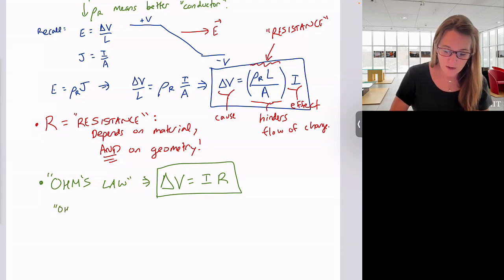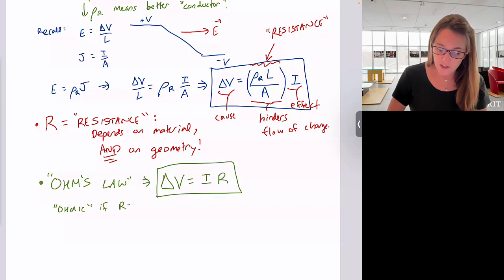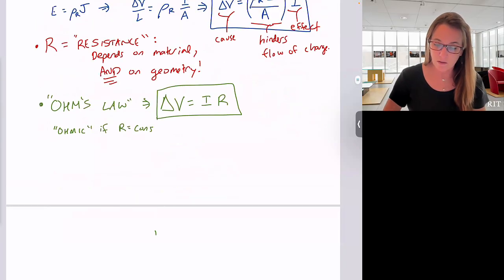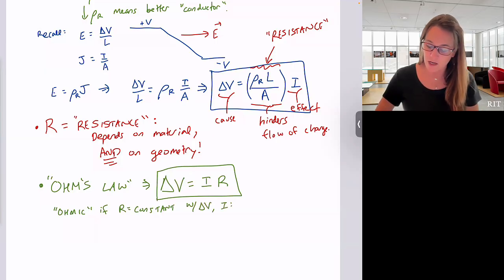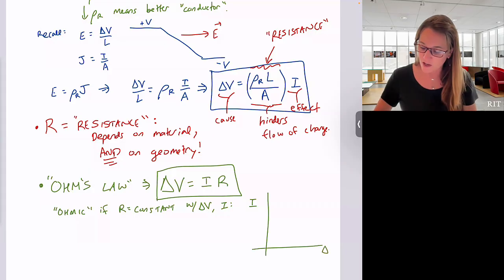Something is ohmic if the R is constant with delta V and I, meaning that if I was going to plot I versus delta V, I would get a straight line of sorts. So all of these would be ohmic materials.